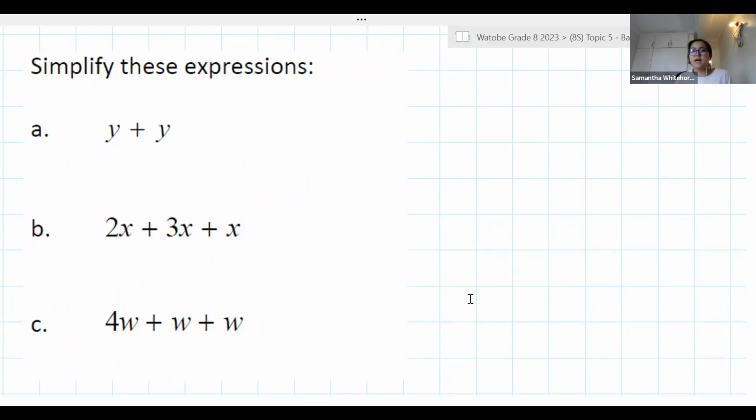Be careful of the signs. A is y plus y. And guys, just a reminder, after you've raised your hand and asked or answered your question, please remember to mute yourself. Please also remember, grade 8s, that in our answers, unless it is 0, you should have a variable in your answer.